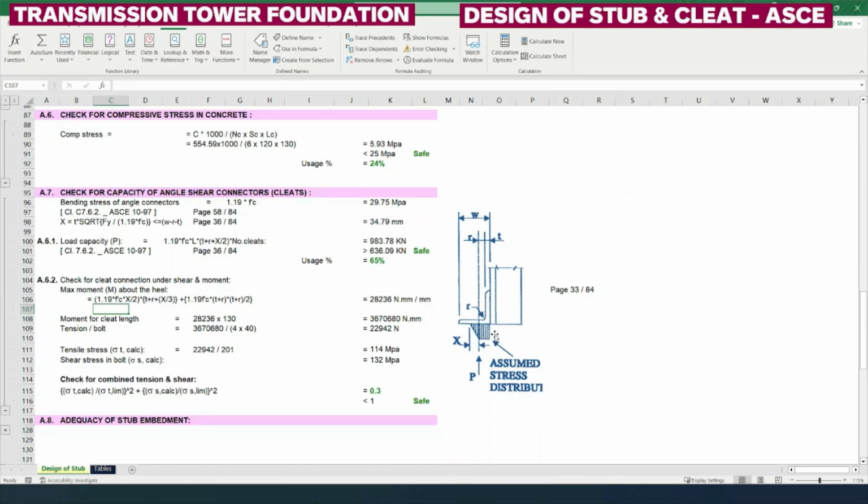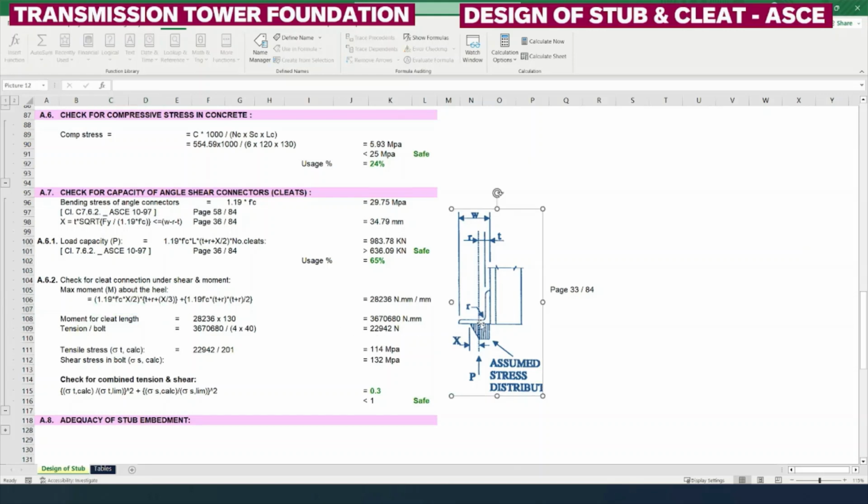As it is a triangle, we need to consider half into B into H. X is the triangle width direction, so this is X, and to calculate the area of the triangle, half into BH, half into X is the B and H is the 1.19 Fc. That's why we are applying this formula as 1.19 Fc into X into half. It is a triangle formula.